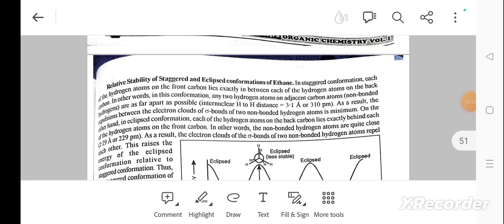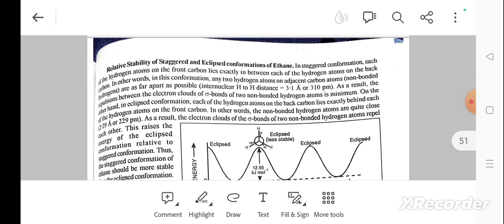Relative stability of staggered and eclipsed conformations of ethane. In the staggered conformation, each of the hydrogen atoms on the front carbon lies exactly in between each of the hydrogen atoms on the back carbon. In other words, in this conformation, any two hydrogen atoms on the adjacent carbon atoms, the non-bonded hydrogens, are as far apart as possible.